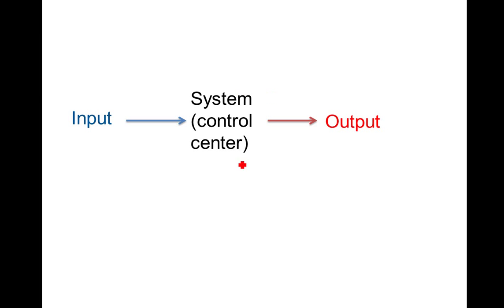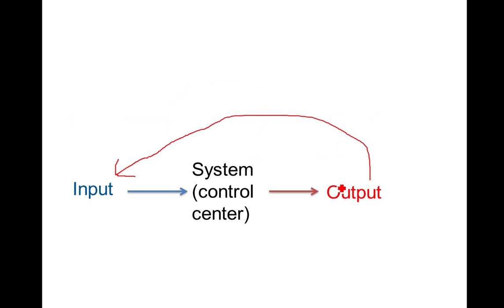So this is a generic input-output system, but if this is a living system, it's not just in and then out. Really, this is what's happening. You've got to regulate what's going in. A typical case is a paramecium, which has a structure called a contractile vacuole.